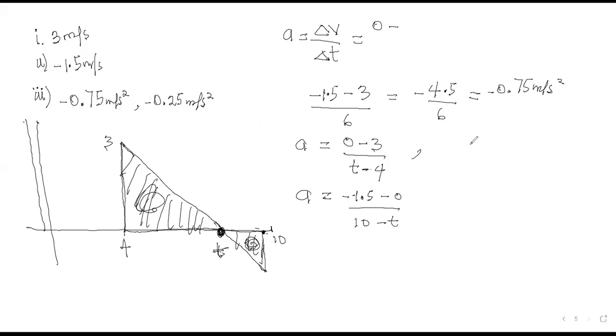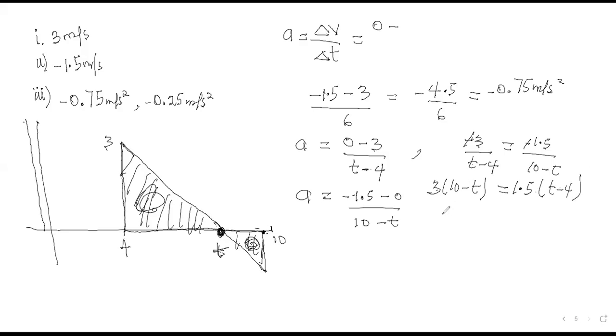So it means that minus 3 over T minus 4 is equal to minus 1.5 divided by 10 minus T. The minus can cancel out. And when we cross multiply, we have 3 times 10 minus T is equal to 1.5 times T minus 4.